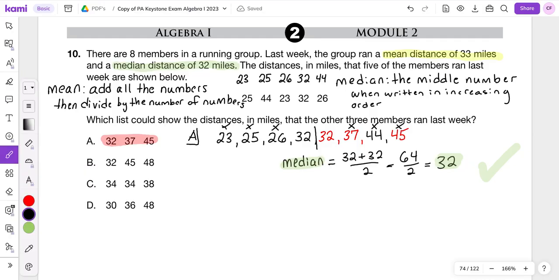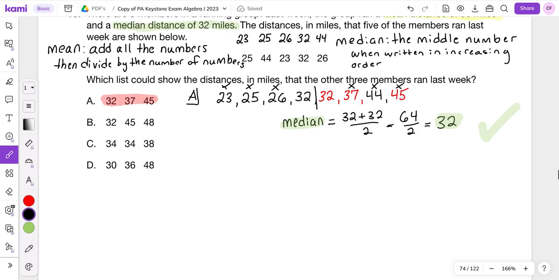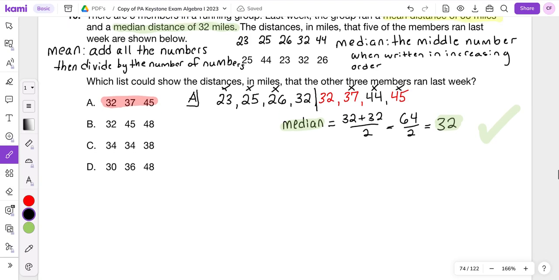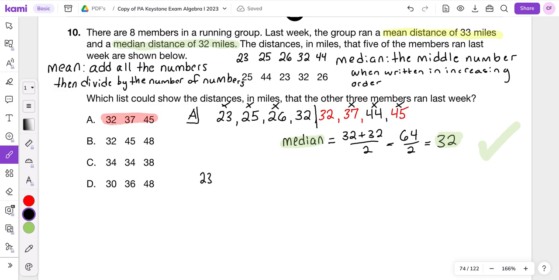We then have to test the mean. So I'm going to have to add up all of these values. If I add 23 plus 25 plus 26 plus 32 plus another 32 plus 37 plus 44 plus 45.